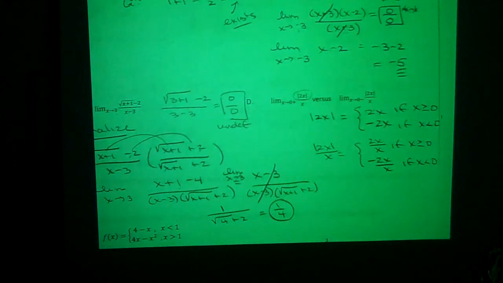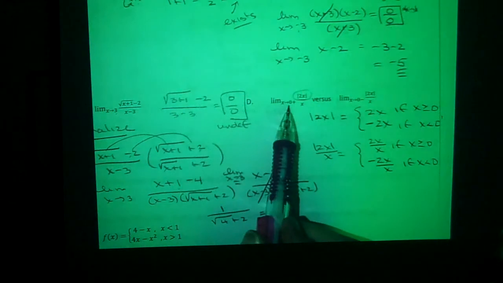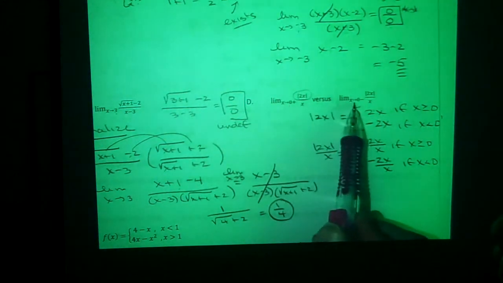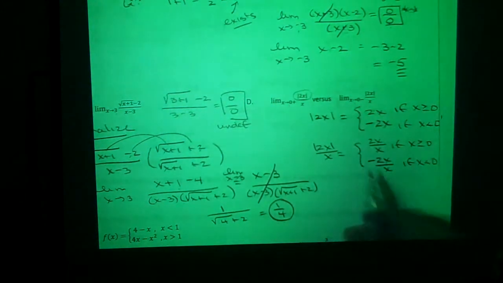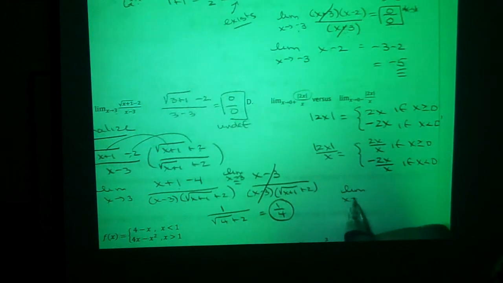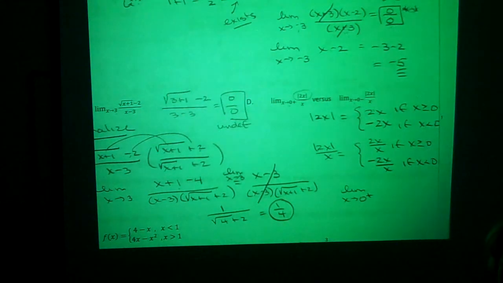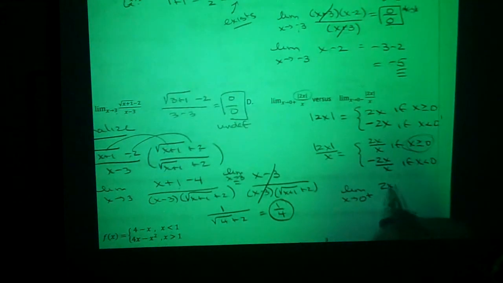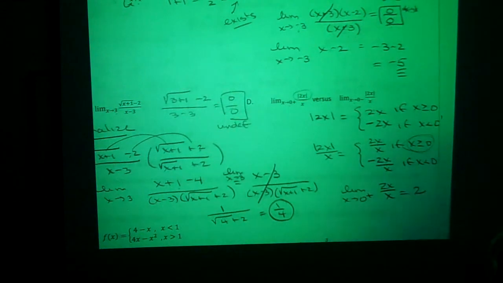So this will allow us to think about what the limit is from the right versus the limit from the left. Because the limit from the right means that I'm going to be plugging in values that are greater than or equal to 0. I'm going to be plugging into 2x over x, which is just going to give me 2, no matter what. My x's are going to divide out.